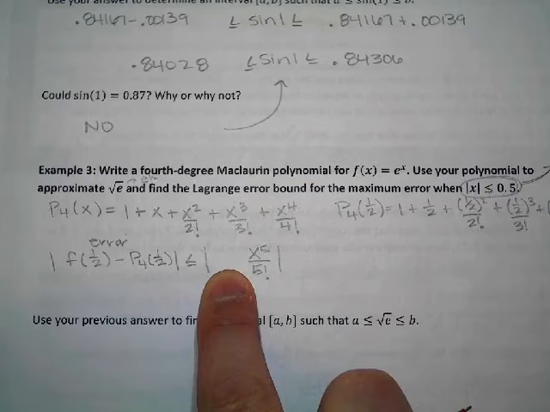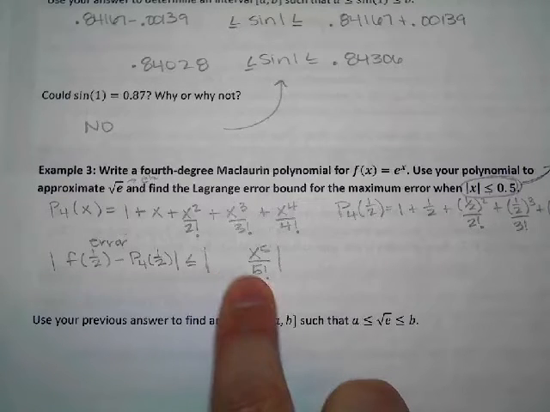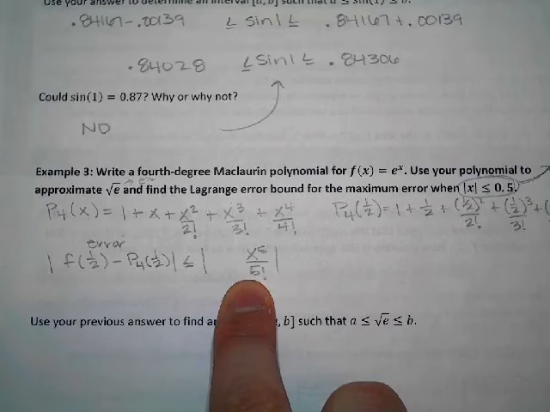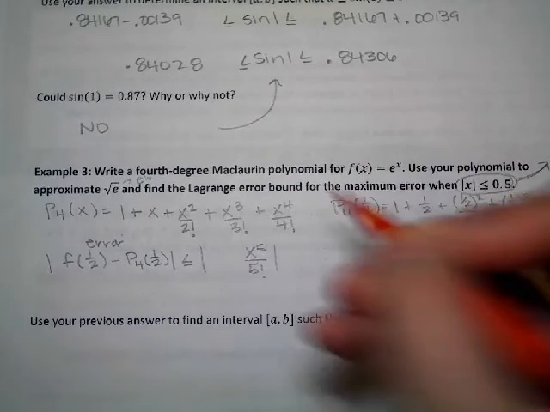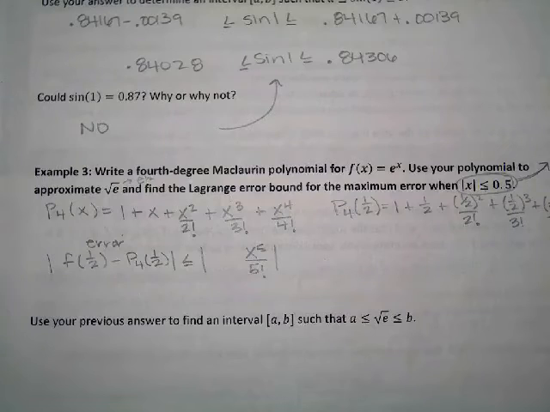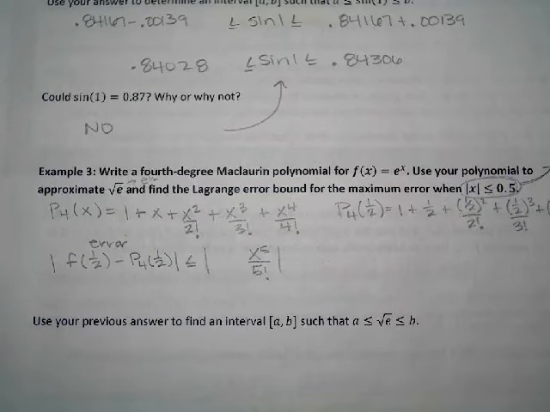The derivative. If we're on the 5th term, it's the 5th derivative, but because we're doing Lagrange error bound, it's not just the 5th derivative. It's the maximum of the 5th derivative on that interval.